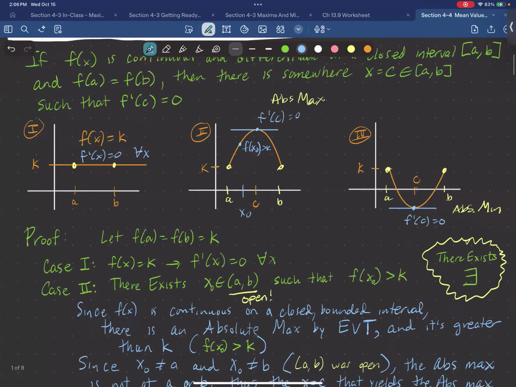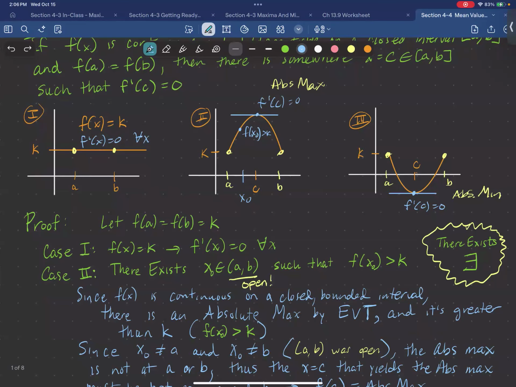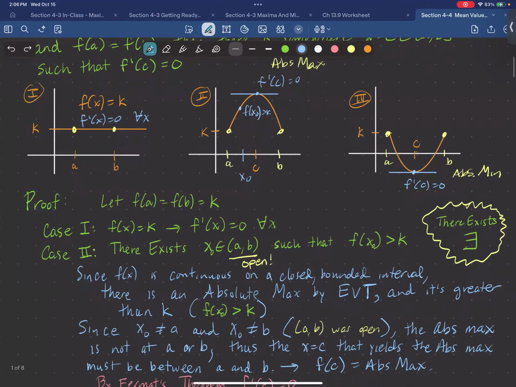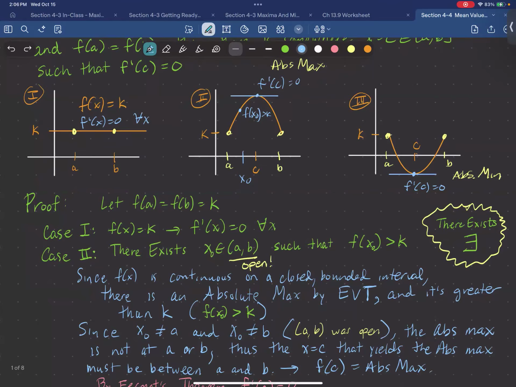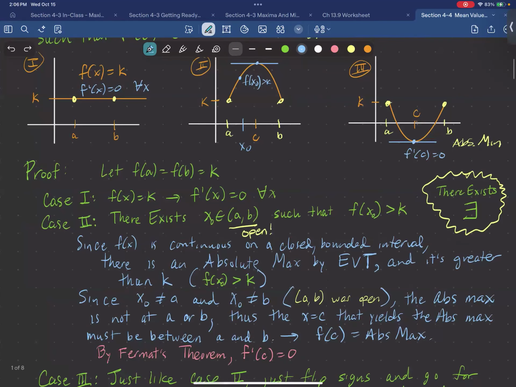So since x naught doesn't equal a and doesn't equal b, we excluded them because we said open, then the absolute max is not at a or b, and it means it's at some point c somewhere in the middle. So f of c equals absolute max. And Fermat's theorem said the derivative at the absolute max and absolute min was 0. So by Fermat's theorem, f prime of c equals 0, and we've showed it.